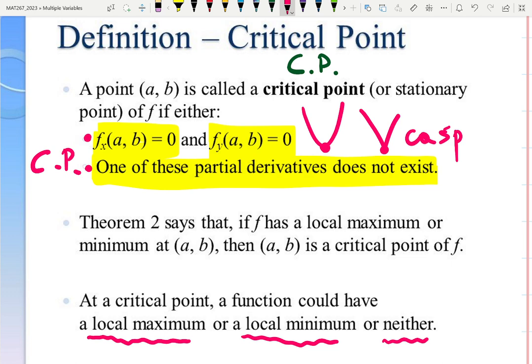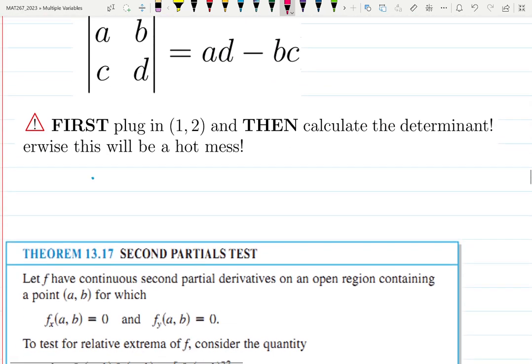Okay, now let's do this. Critical point. Let's define how to find it.